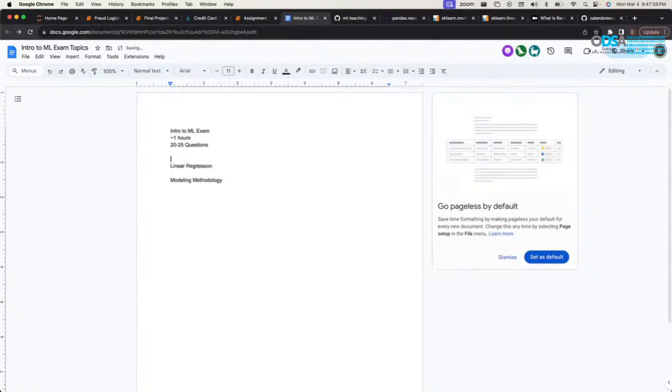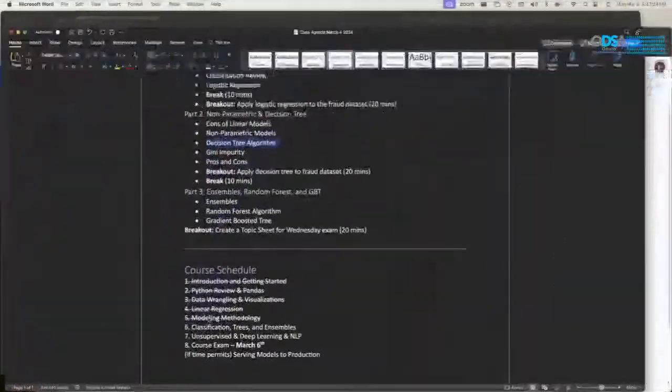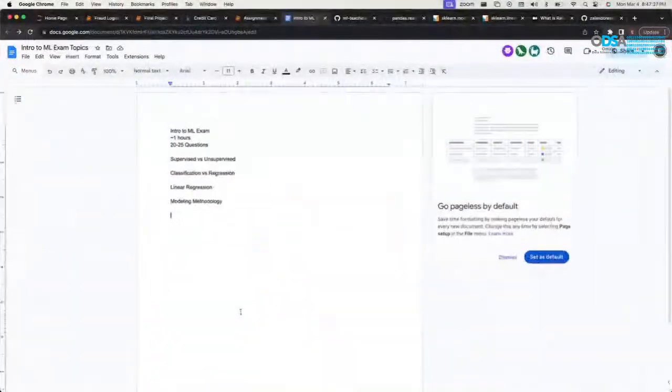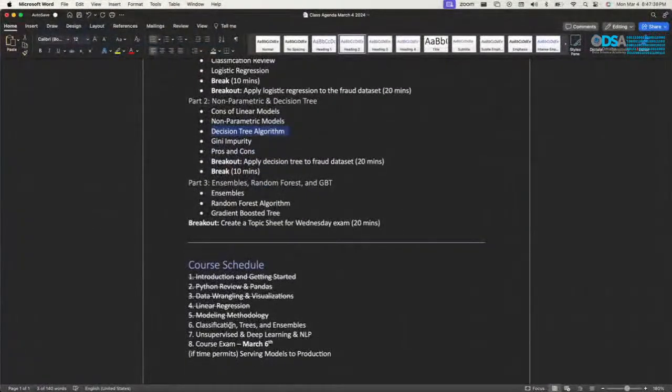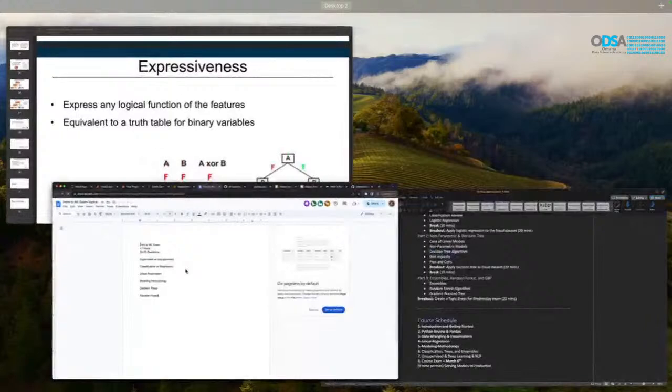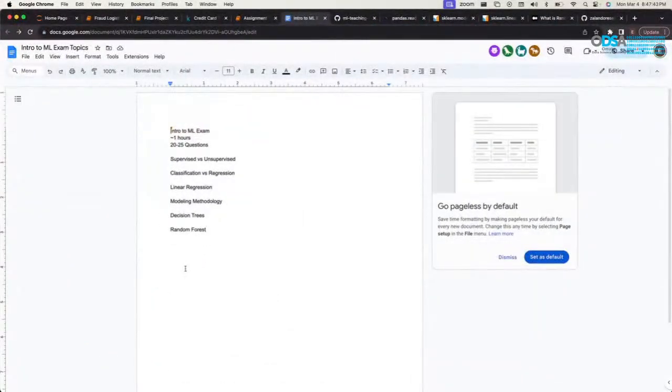There's a topic here called classification versus regression, and then there's supervised versus unsupervised, modeling methodology, and let's do decision trees, random forest. I think that's all I'll ask you about. I hope I covered most of the topics in there.